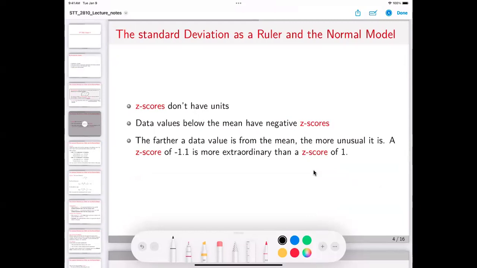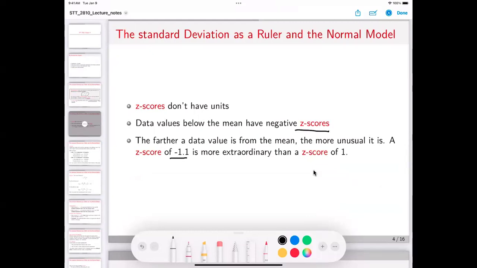Also, data values that are below the mean have negative z-scores. So for example, you see this one means that this z-score is what? 1.1 standard deviations below the mean. Is that okay?